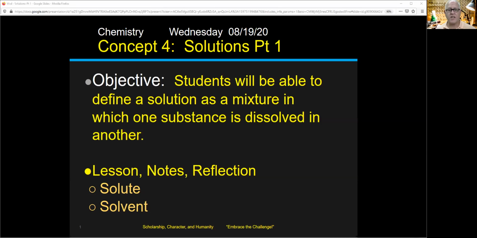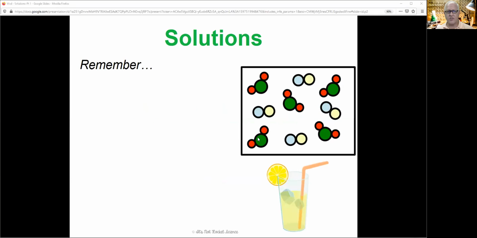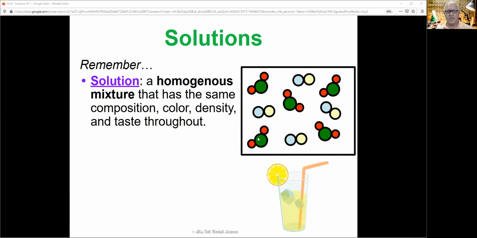All right, so our objective today is going to be for you to be able to define a solution as a mixture in which one substance is dissolved in another. So let's get started. A solution is a homogeneous mixture that has the same composition, color, density, and taste throughout.